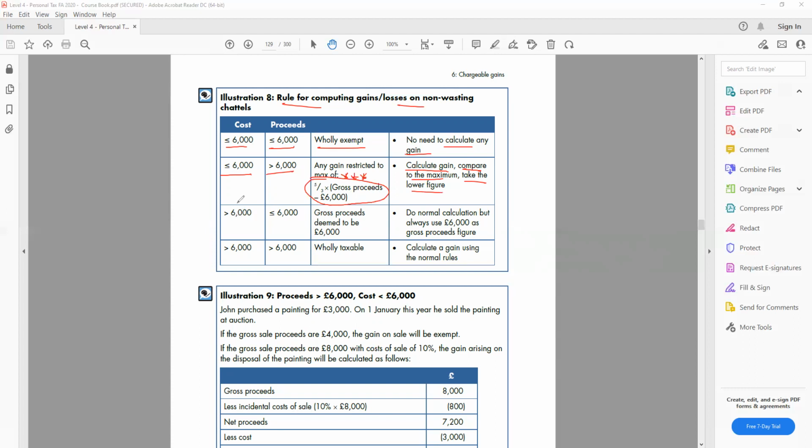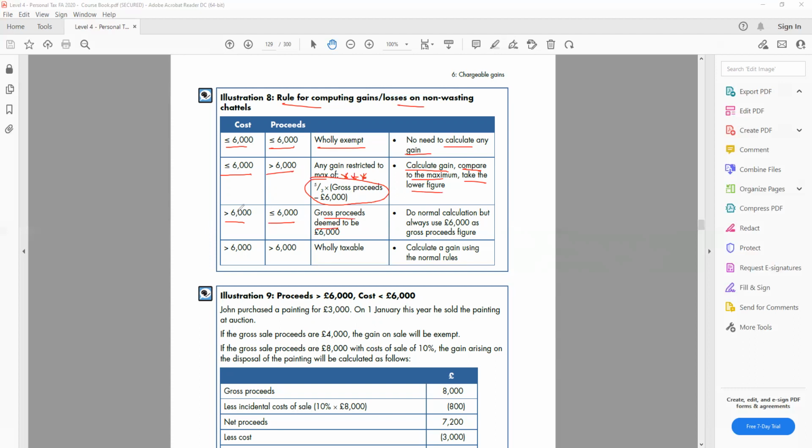Then we have cost more than 6,000 and sales less than 6,000. In this case, the gross proceeds are deemed to be 6,000.